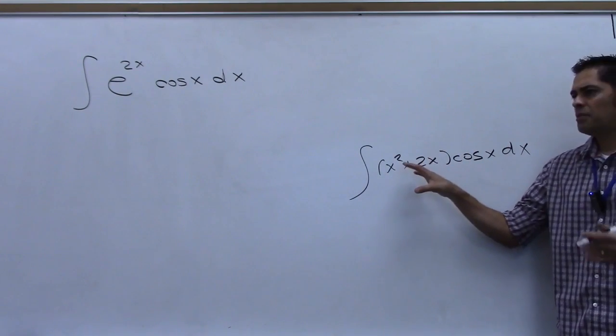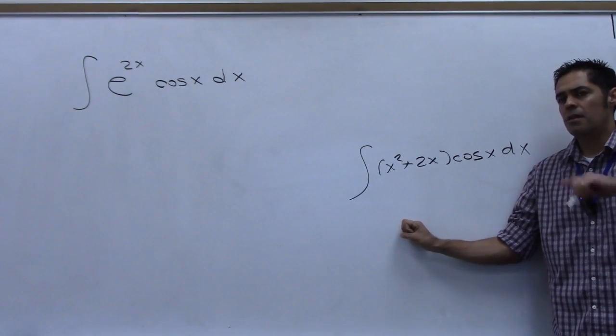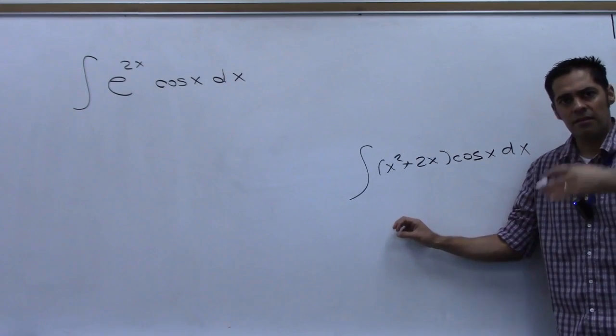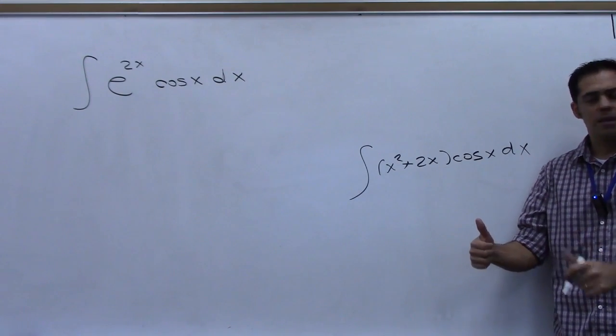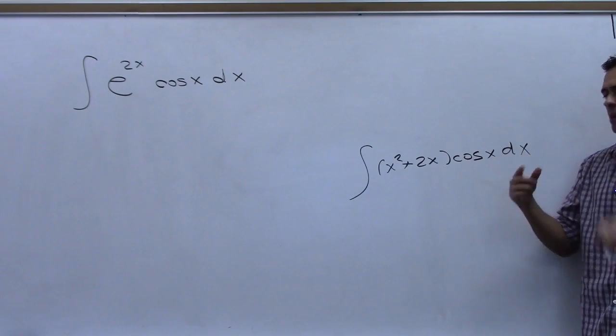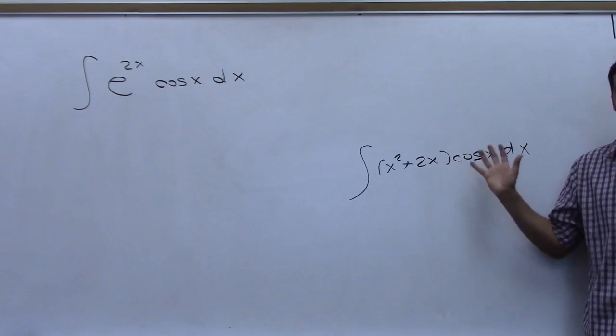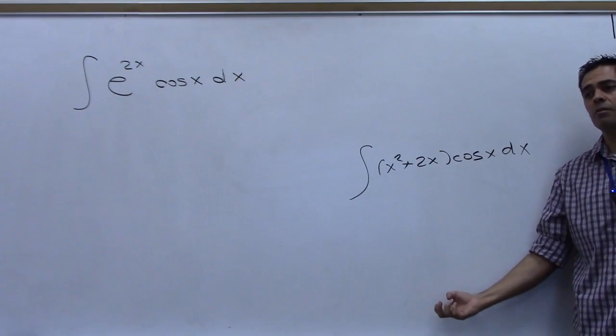The first integration by parts reduces from quadratic to linear, and the second time through it took that linear down to a constant, and that was good. And then integrating this was fine because it just cycled between sine and cosine. So we can hopefully see that this is doable with integration by parts because one gets better as we go.